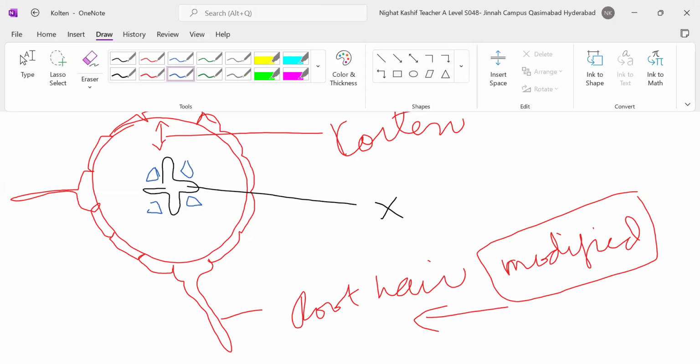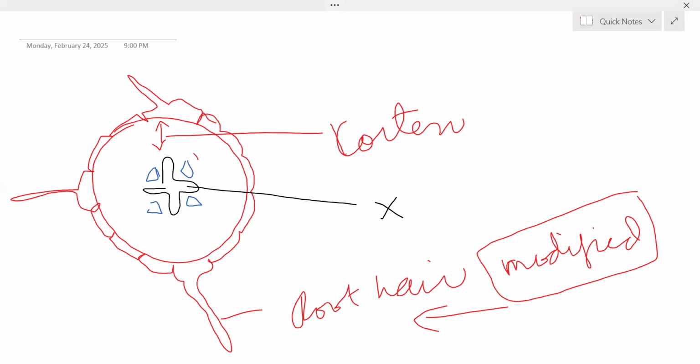In roots, there is also one more layer of cells which are surrounding them, and they are like the epidermis. But as this is internally present, we call it endodermis.